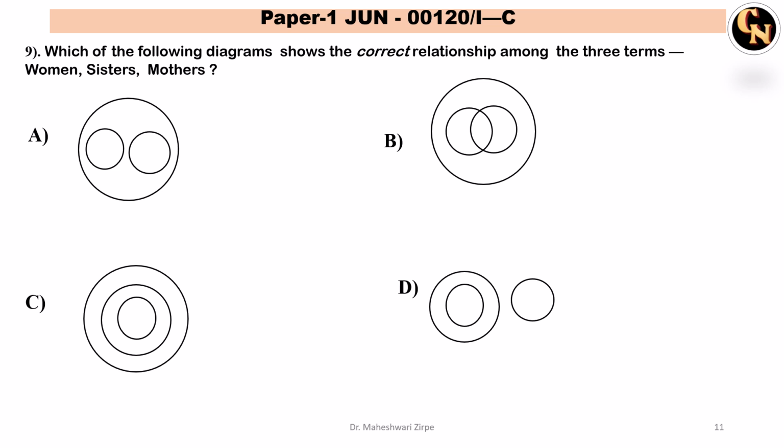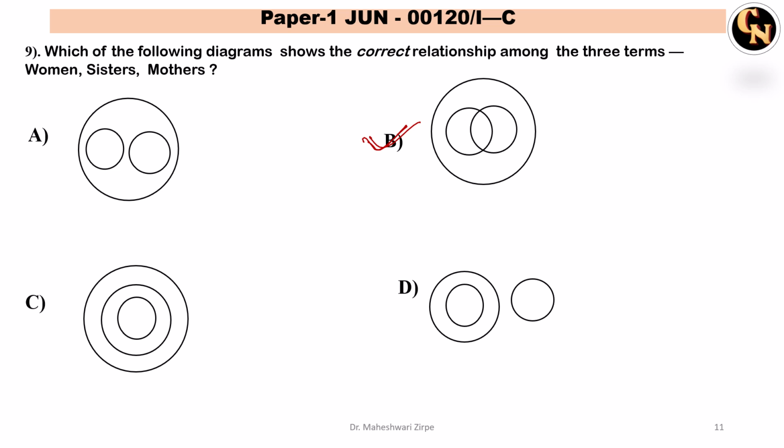First woman, then sister and mother. The sisters are women, mothers are also women, but all sisters cannot be mothers, correct? So according to this, option B is the correct option.